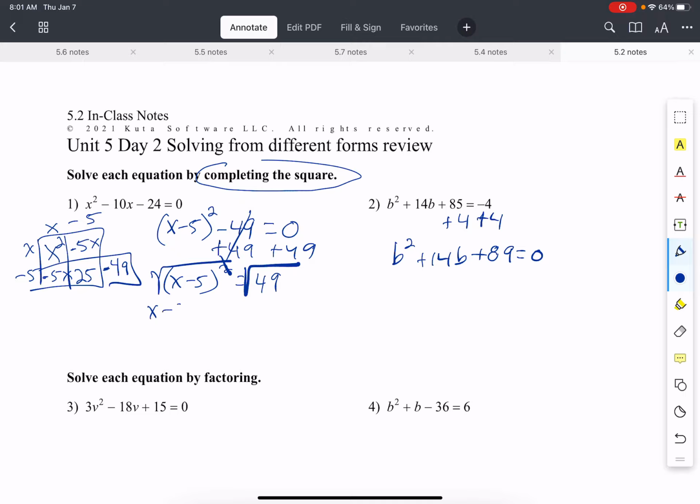So x minus 5 equals the square root of 49, which is what? Is 7 the only square root of 49? Plus or minus 7. Anytime you square root, you have to plus or minus.